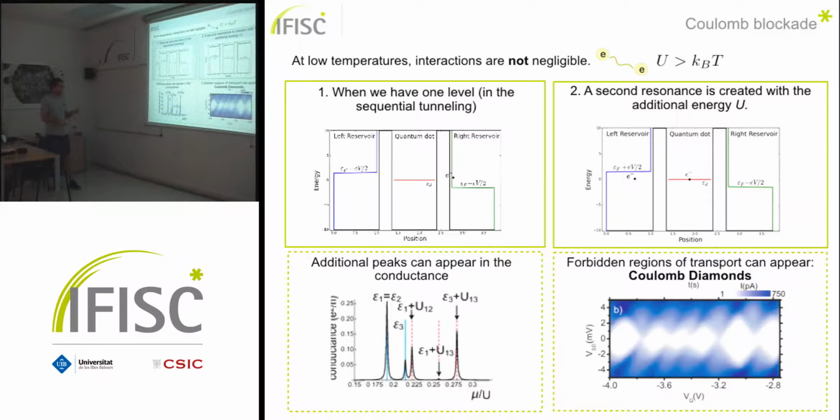Additionally, if we plot the voltage where transport is not permitted, these are called Coulomb diamonds, and are another signature of Coulomb blockade. Okay, this is Coulomb blockade. Kondo effect.